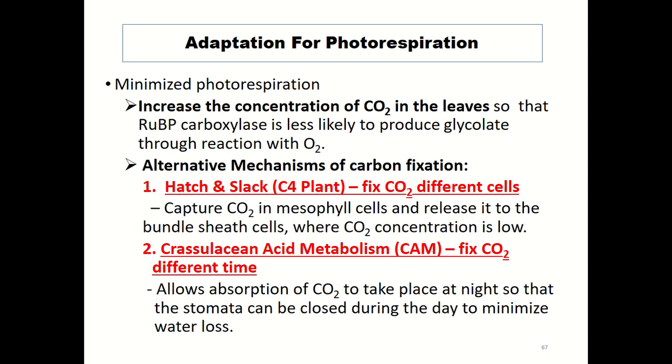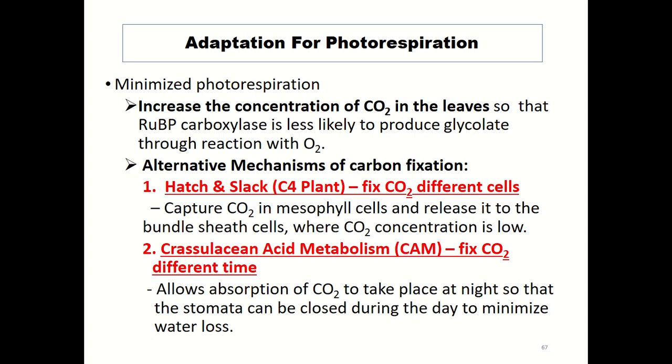And also, there are alternative mechanisms of carbon fixation, the first one occurring in C4 plants, which we will study later, that fix the carbon dioxide in different cells. Therefore, they will first capture the carbon dioxide in mesophyll cells and release it into the bundle sheath where the carbon dioxide concentration is quite low.